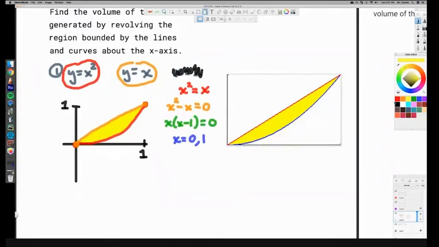Okay, now we are rotating around the x-axis. I'm sorry. So we're going to put one of these in here, and the shape ends up looking like this. It's not very exact, that's okay.